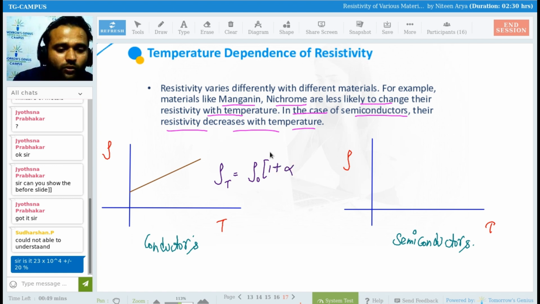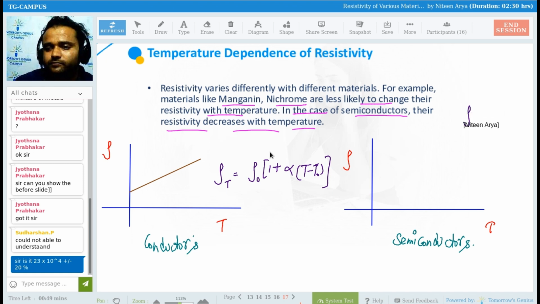Semiconductor graph goes down. Yes, beta, it does. But how? Directly, linearly, non-linearly, inversely, in which way?